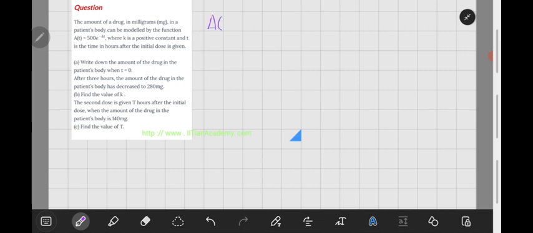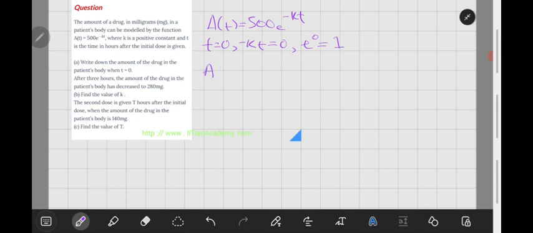So we can look at our equation to start off, and we can see that e is raised to the power of negative kt, and we are evaluating for t is equal to 0. And so when t is equal to 0, negative kt will also equal 0, and e to the power of 0 is equal to 1.